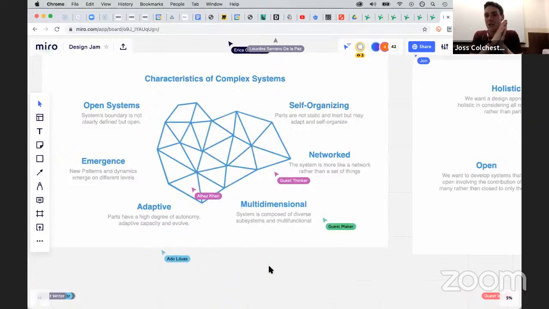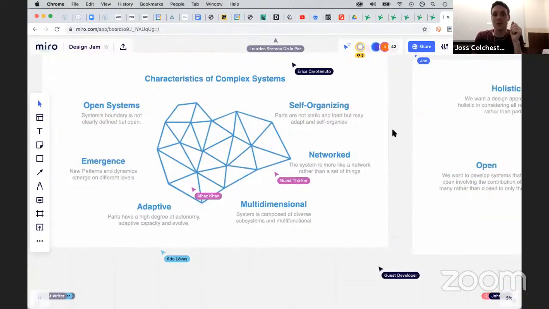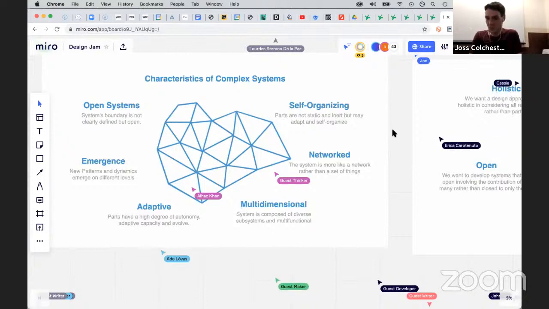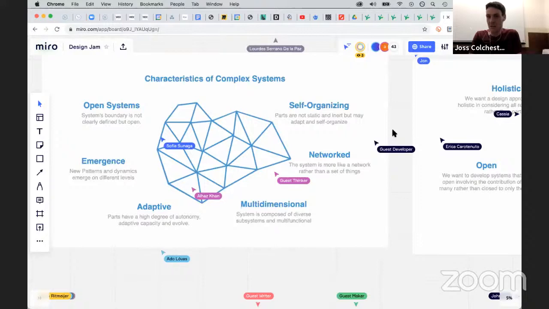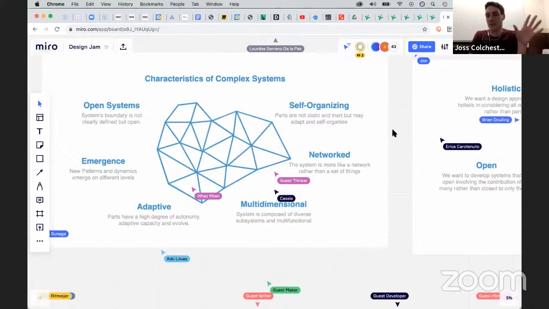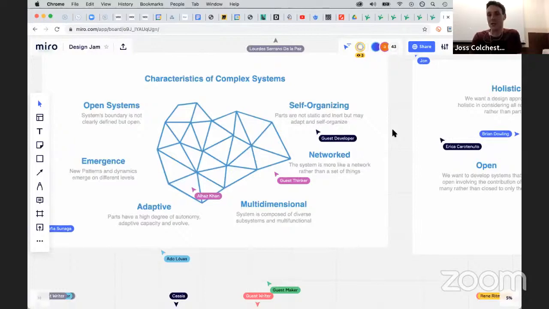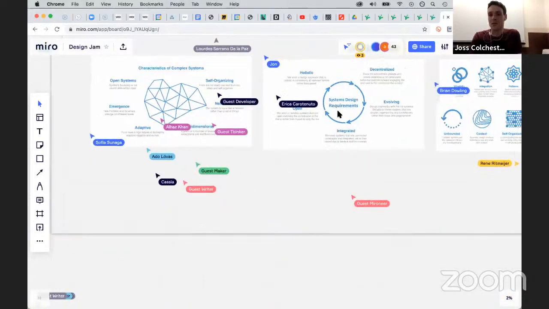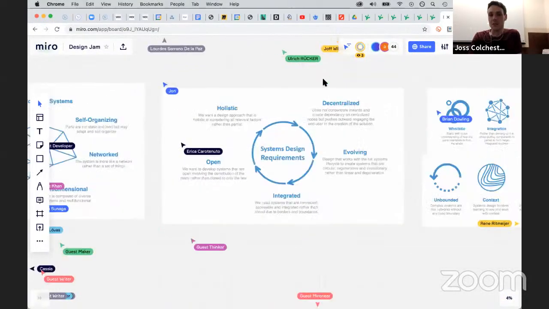The system is more like a network rather than just a set of components. And finally, self-organization, a key aspect of complex systems of all kinds. Parts are not static and inert, but may adapt and self-organize over time. This is really going to change the kind of paradigm, right? When you're dealing with adaptive, self-organizing components relative to static ones, you're going to need new kinds of design principles, and that's what these are.